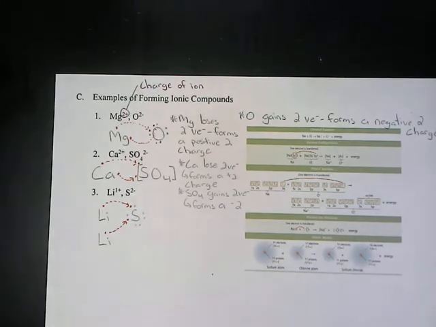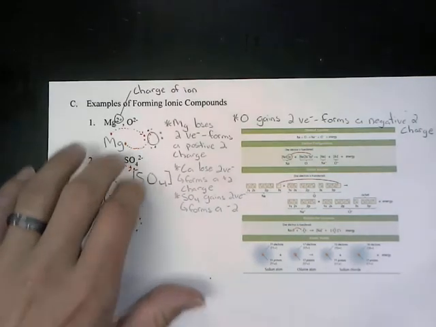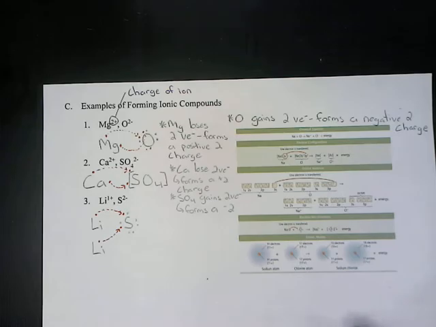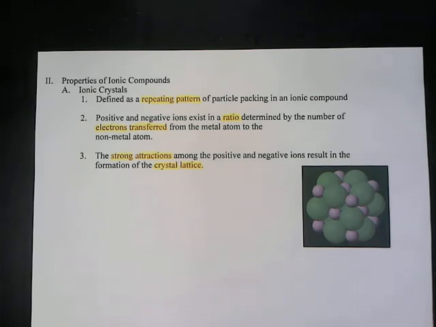All right, so let's talk about some of the properties of ionic compounds. And like I said, we're going to revisit this. This will make more sense when we get to naming and formula writing. So, properties of our ionic compounds. Our ionic crystals have this repeating pattern.